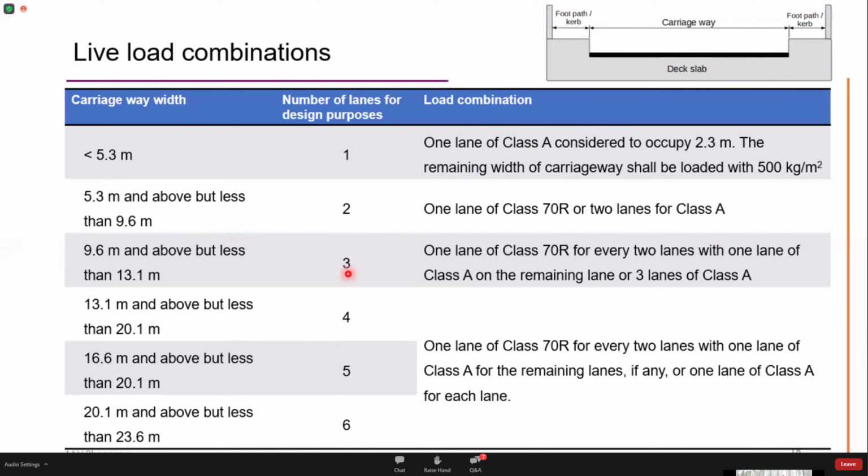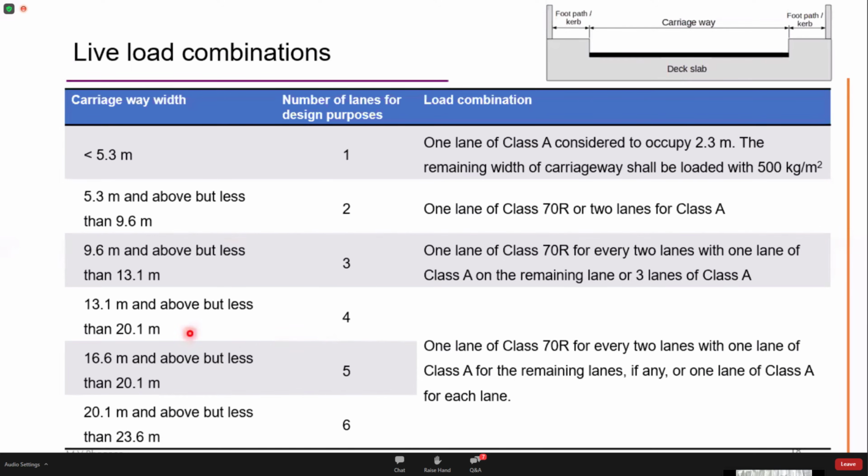Similarly, for 3-lane bridges, that is for carriageway between 9.6 to 13.1 meters, we take 1 lane of 70R for every 2 lanes with 1 lane of class A on the remaining lane, or simply analyze it for 3 lanes of class A loading.